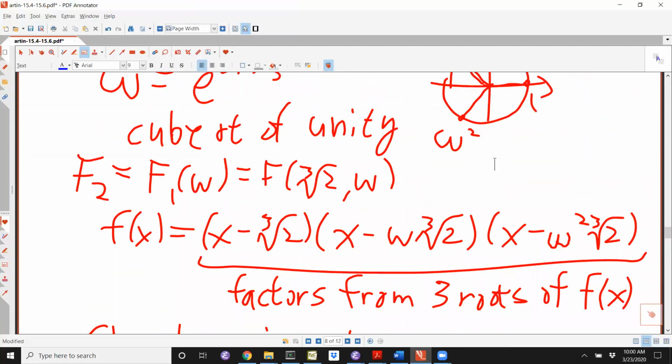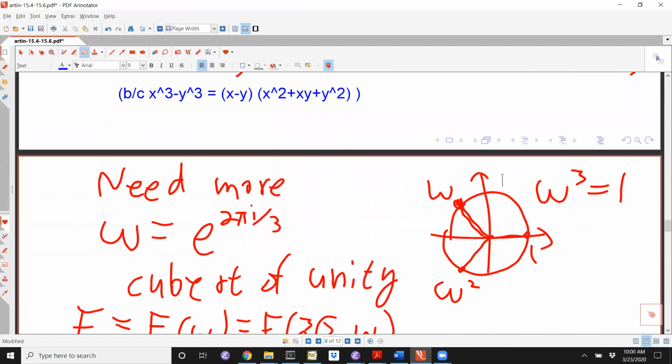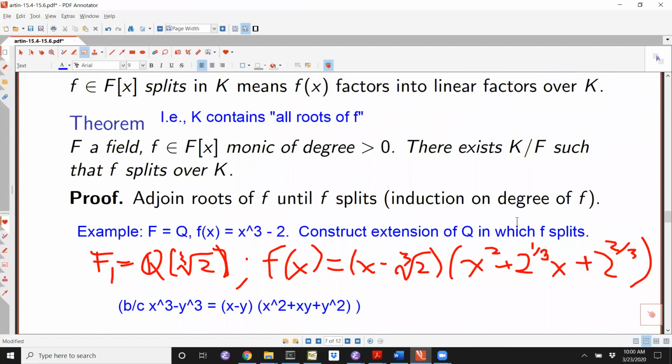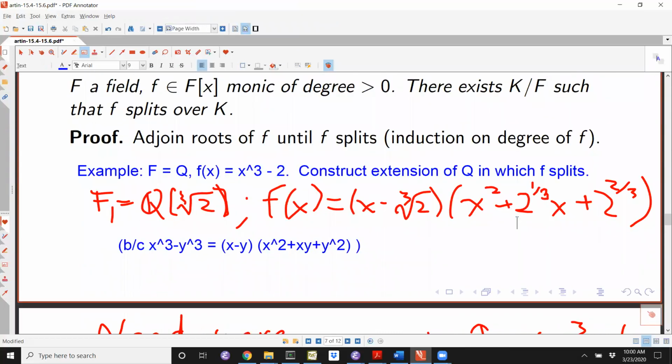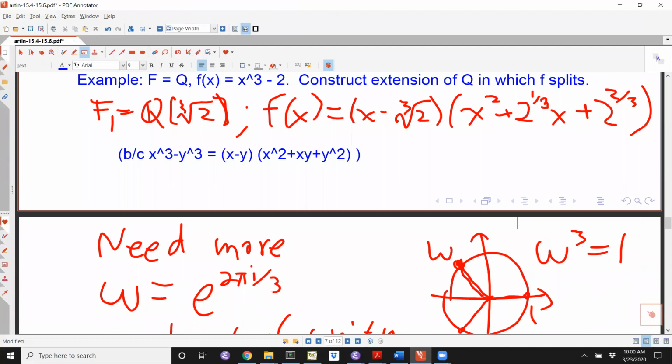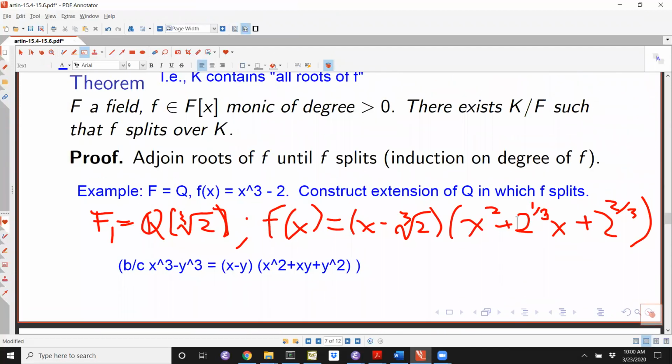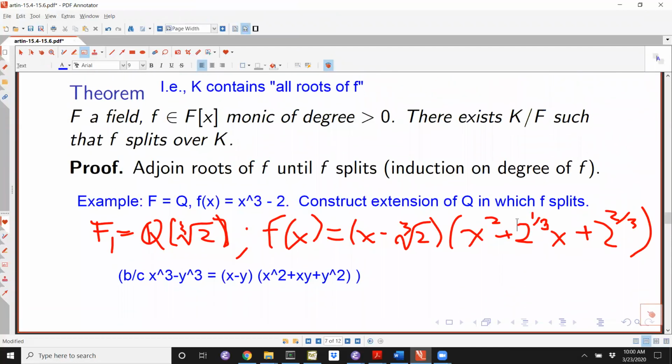So that's one example of how to construct a field in which a given polynomial splits, and that's actually a very useful example.